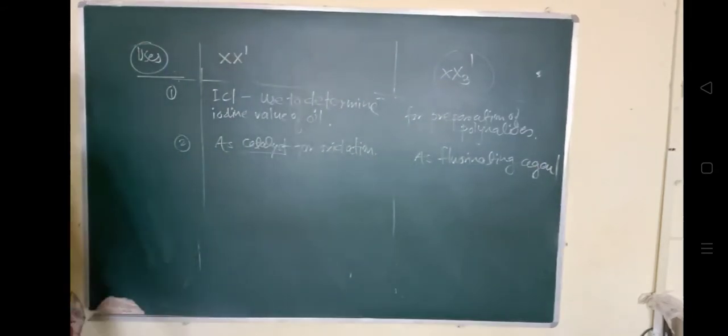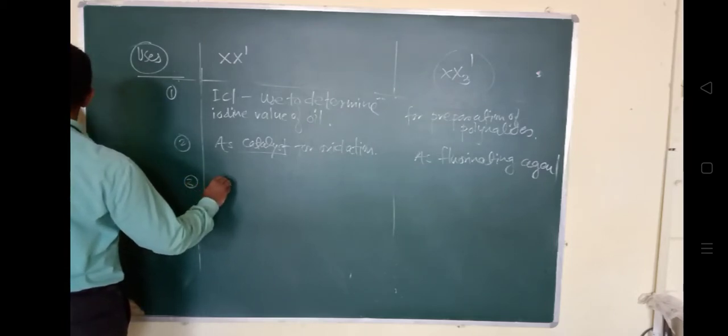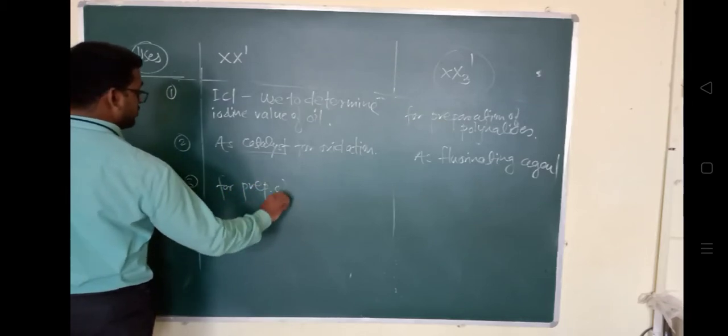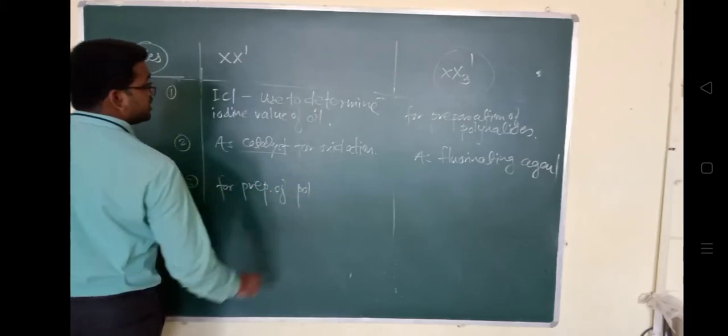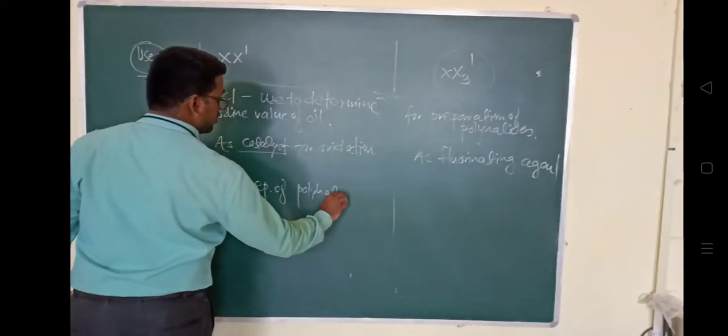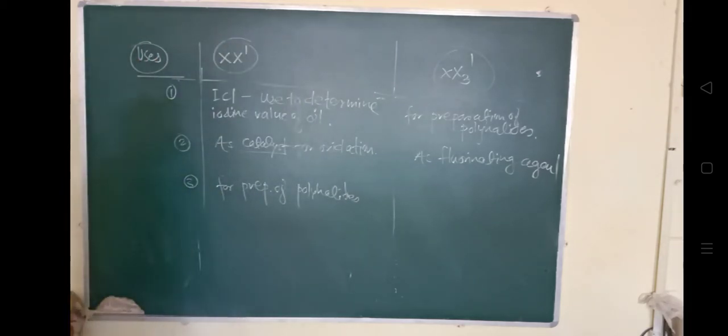For the preparation of polyhalides, this X dash type of interhalogen compound is also used, as well as a non-aqueous solvent. So X dash type is used for these categories, and X3 dash is used for these categories.